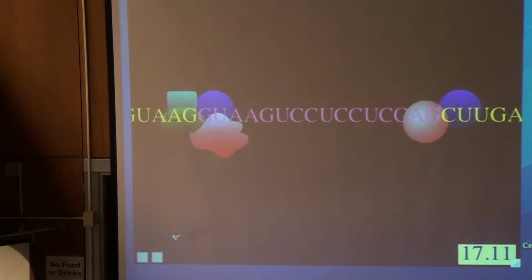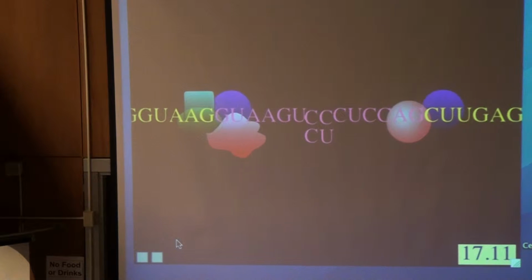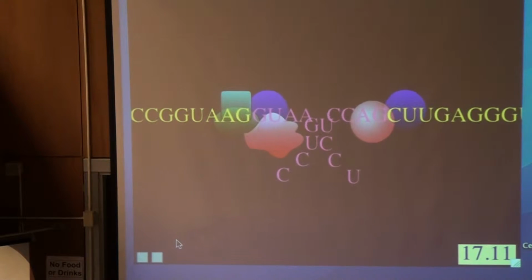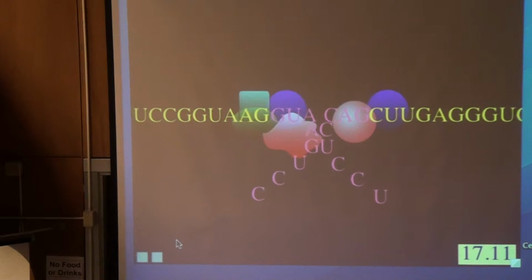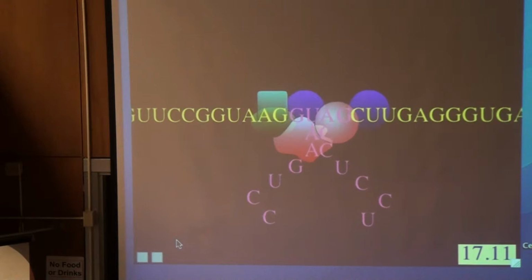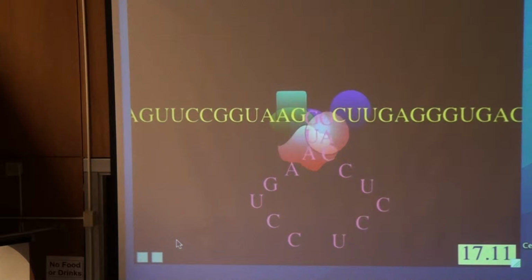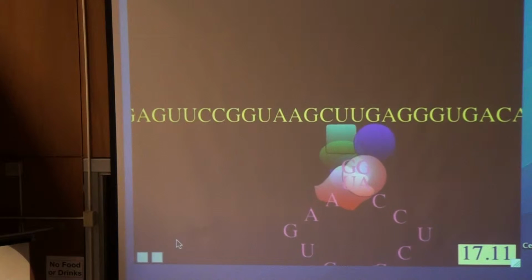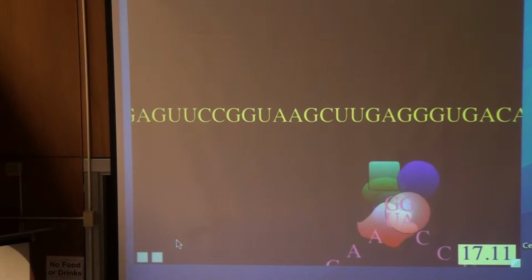That's how I remember them. As they start to come together, they loop out the intron. And when all the SNRPs from the beginning and the end of the intron come together, that whole cluster is called a spliceosome. And the spliceosome physically snips off the intron bit and ligates the exons together.